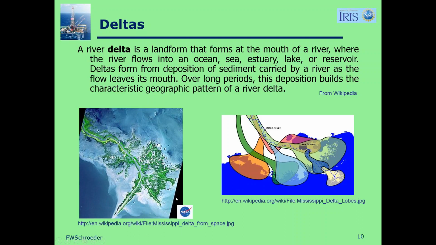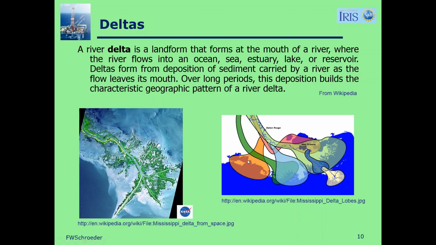The image here, a NASA image, is of the Mississippi Birdfoot Delta, where the Mississippi has left the coastline and is depositing a big lobe that is currently active. And the things in green on here is above sea level, at least part of the time, and probably some of it is submerged when we have major storms.